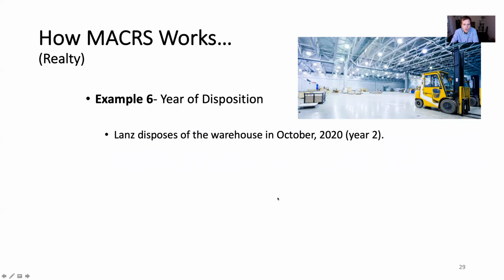All right, what if now a Lance company disposes of the warehouse in year 2 in October? So just like with the mid-quarter convention, I'm always going to stick with the column where I started. It especially wants to trick you on the months.